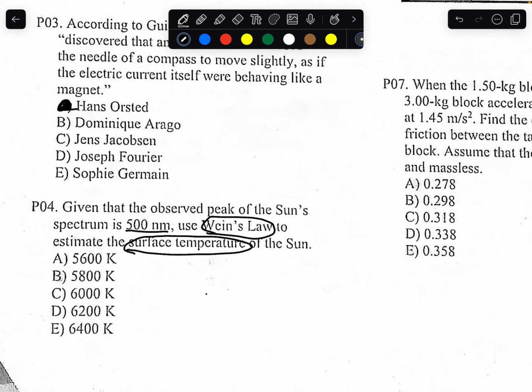Wien's law states that the maximum wavelength of light equals Wien's constant, which is 0.0029, divided by the maximum temperature in Kelvin.